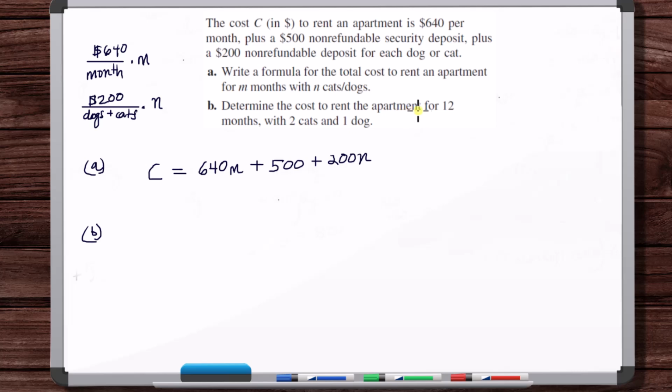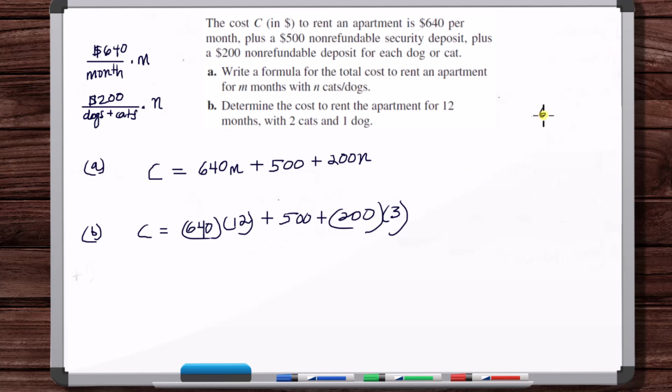Determine the cost to rent the apartment for 12 months with 2 cats and 1 dog. All right, so just plug it in here. It's 12 months, 2 cats and 1 dog. $640 times 12 plus 200, and how many cats and dogs? There's just 3 total.